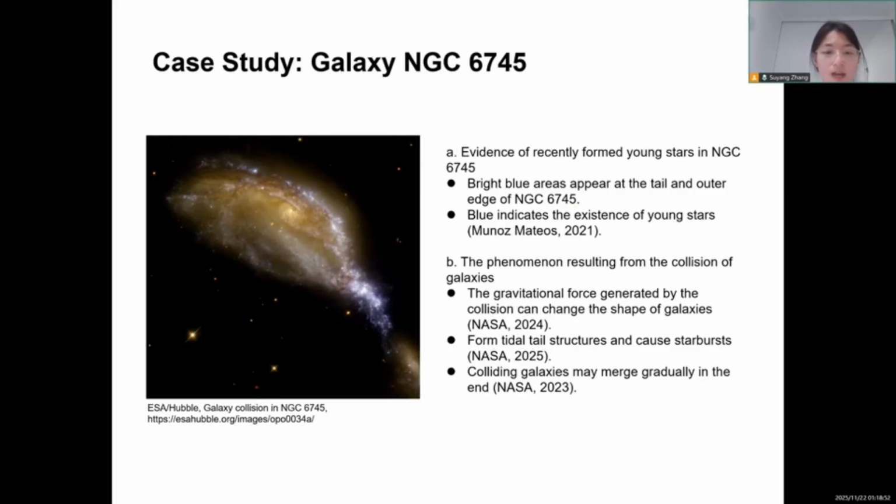Galaxy collisions are extremely violent events that can disrupt galaxies, distort their structures, and cause intense starbursts. Over time, these galaxies may also gradually merge into large systems. NGC 6745 is a typical example.